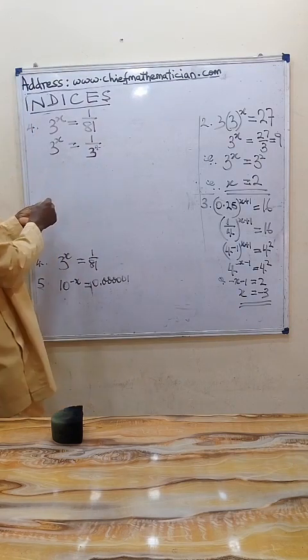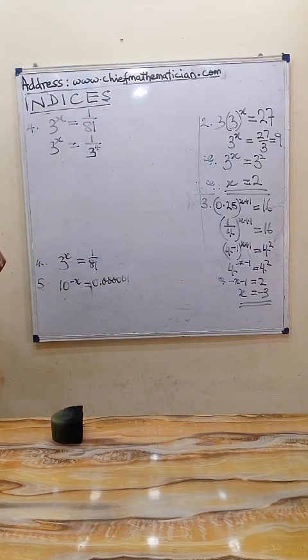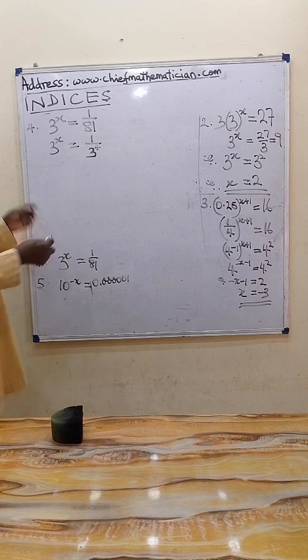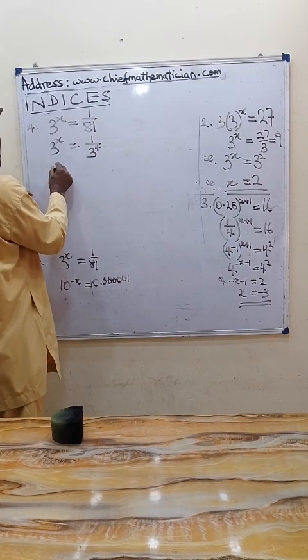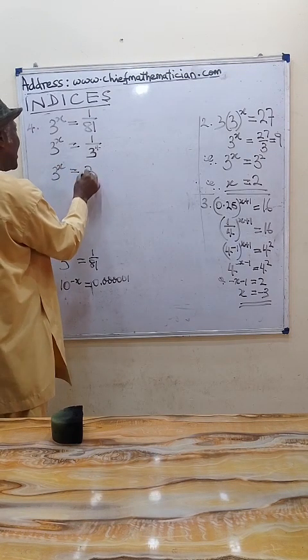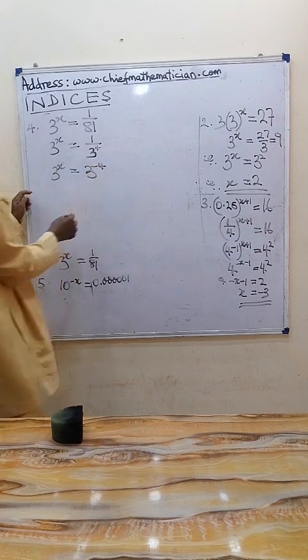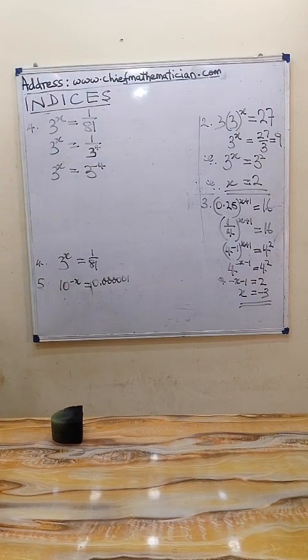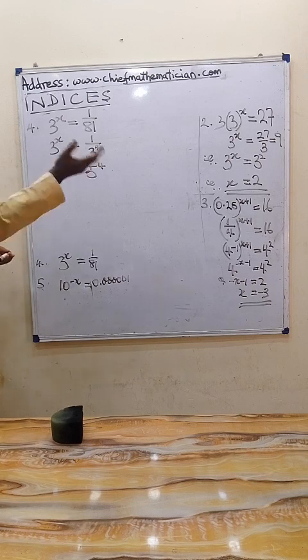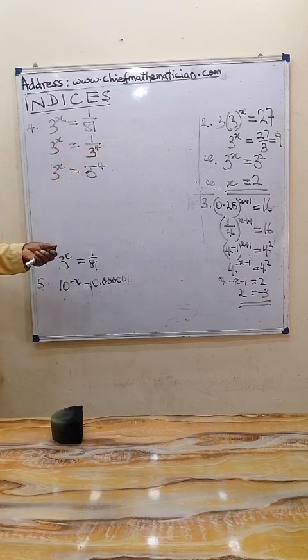So instead of writing 1 over 81, I'm now writing 1 over 3 raised to power 4. And then from our law of indices, 3 to the power x is now equal to 3 raised to the power minus 4. Both sides of the equation are on the same base, 3.